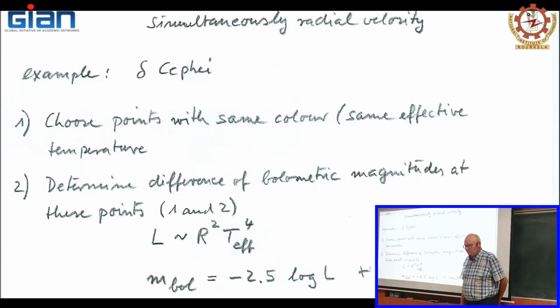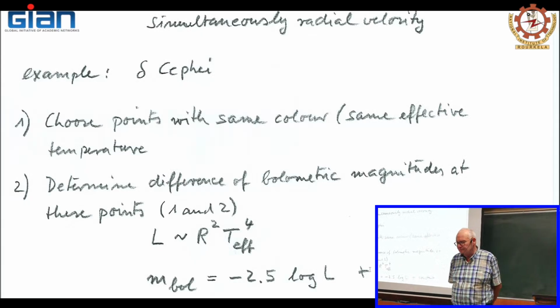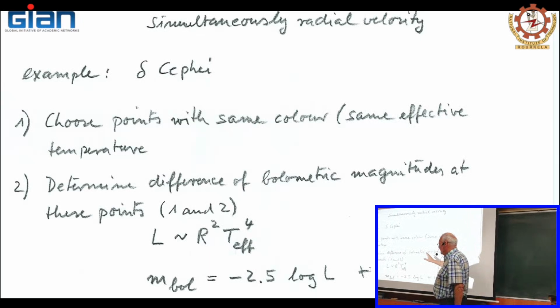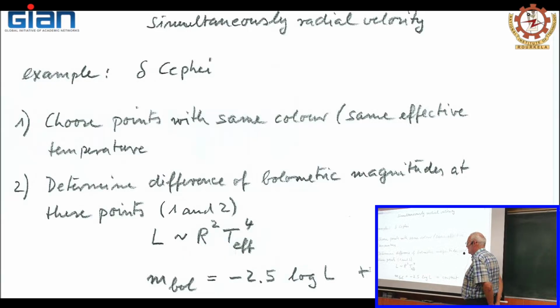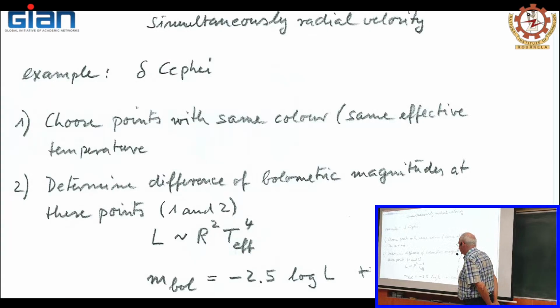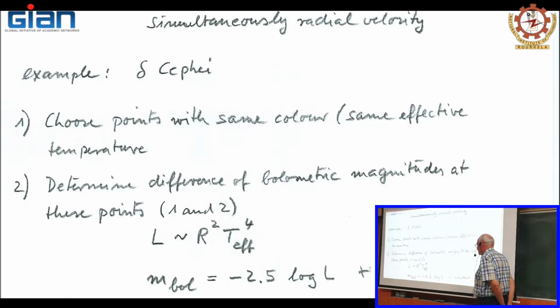Let's denote these points with 1 and 2. In the ideal case, it should be the bolometric magnitude. It is certainly difficult to determine bolometric magnitudes sometimes, so one might also take the difference of visual magnitudes at these points where the color is the same.